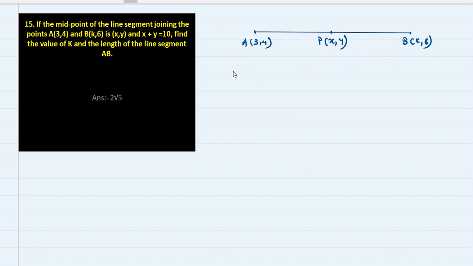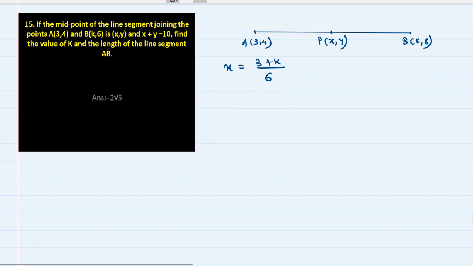Okay, very easy. So we'll apply the midpoint formula. So x is equal to 3 plus K by 2.